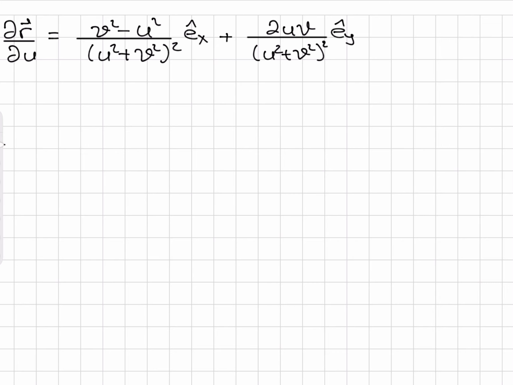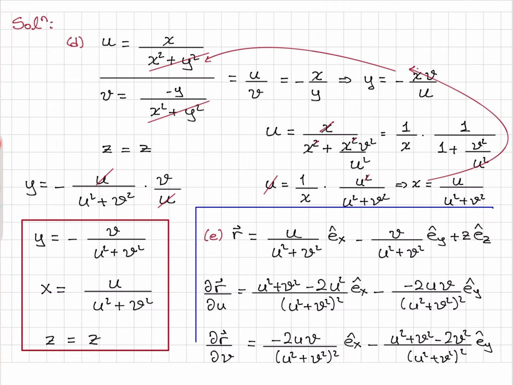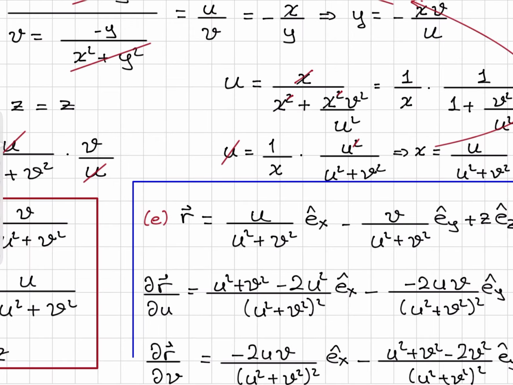So that is my del r del u. If I double check here, I get v squared minus u squared, and here the two minus signs cancel, giving me a plus 2uv over u squared plus v squared squared in the ey hat direction. And similarly, I can write the del r del v term.